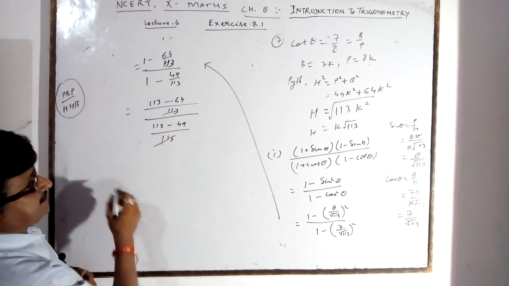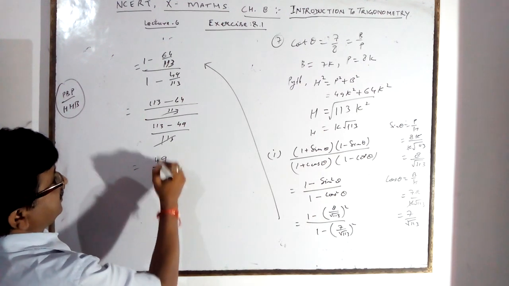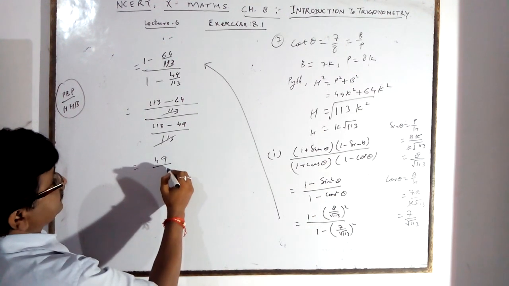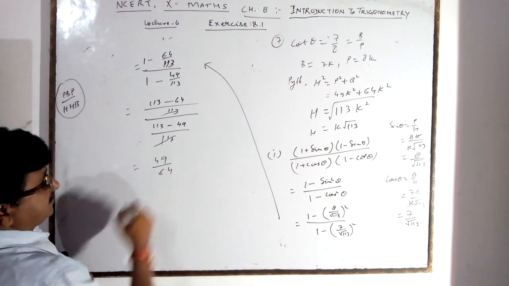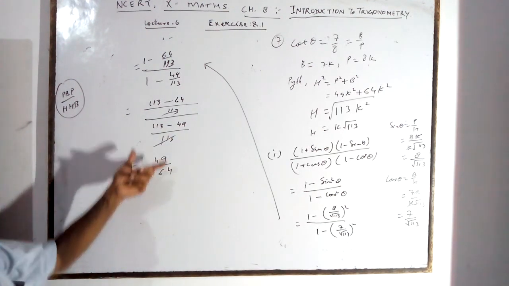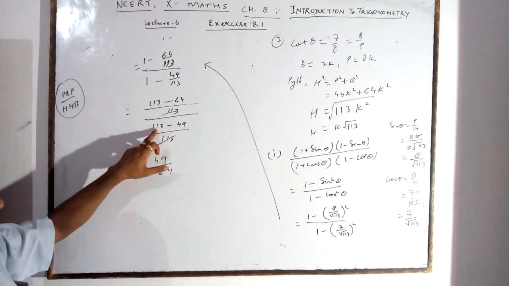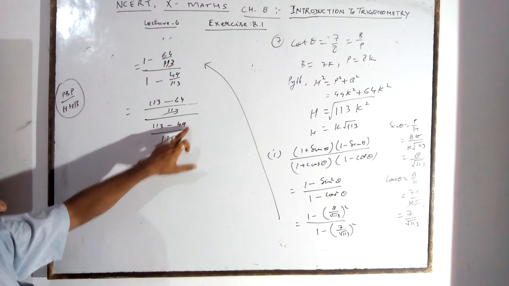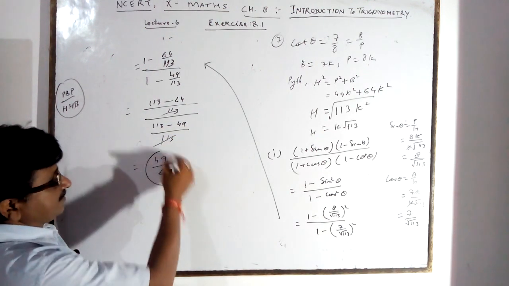This 113 cancel. 113 minus 64 is 49 and 113 minus 49 is 64. So 49 by 64, it is your answer for the first part.